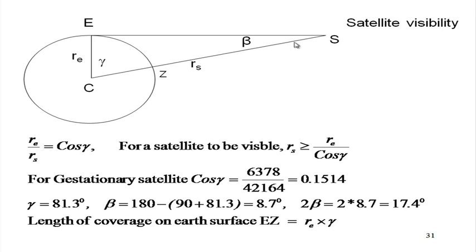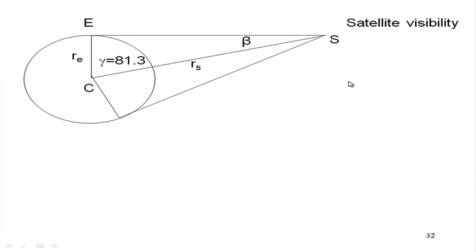That means a satellite with a 17.4 degree beam angle can see the earth end to end. The length of the coverage for satellite visibility is this arc, that is, RE into gamma.